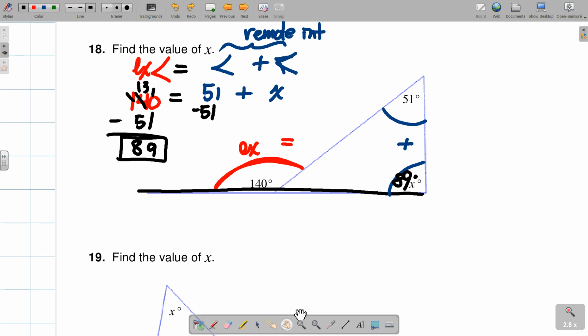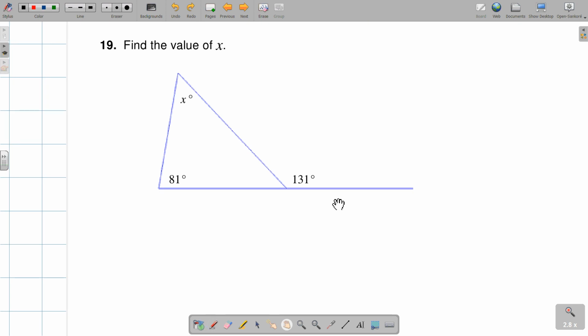Okay, that exterior angle equals the sum of the remote interiors. Number 19, do 19 on your own. Pause the video, check your work on the last page.